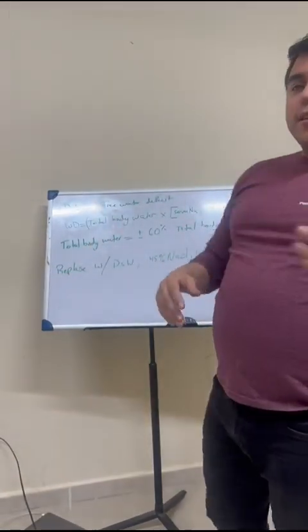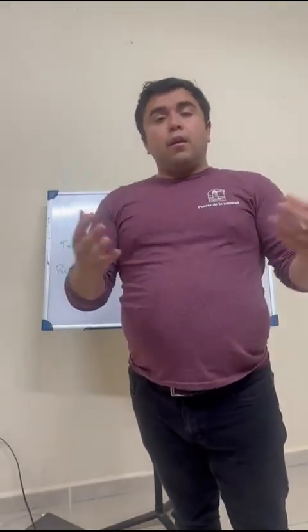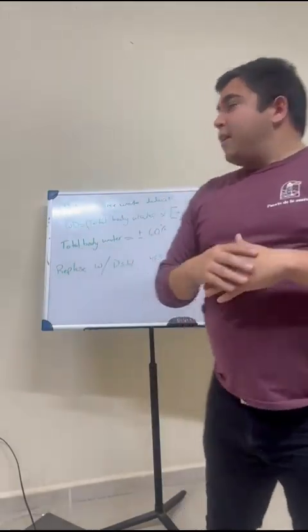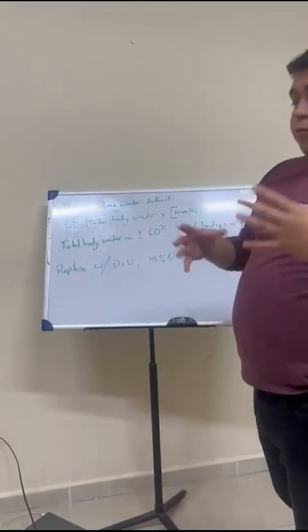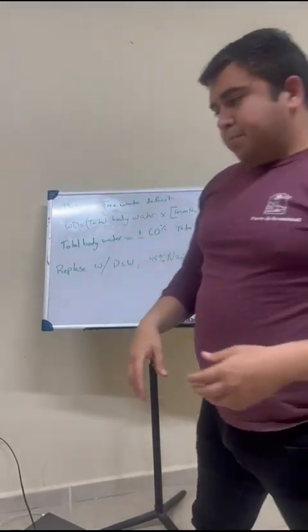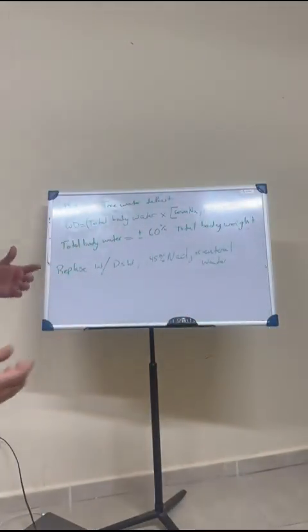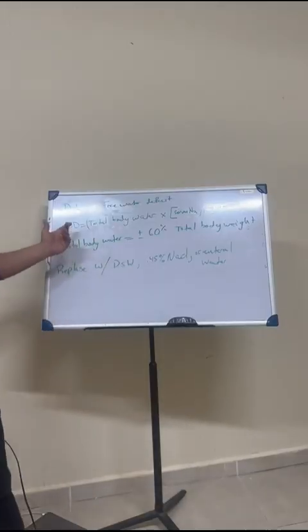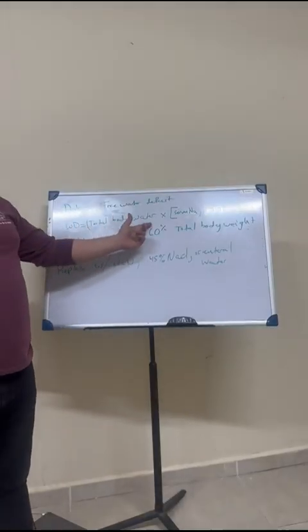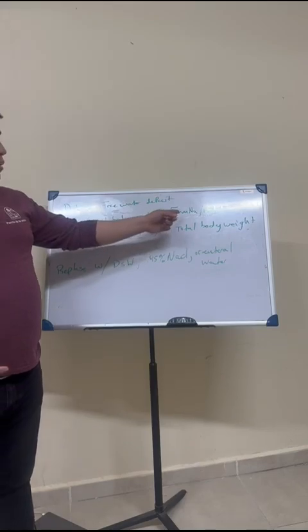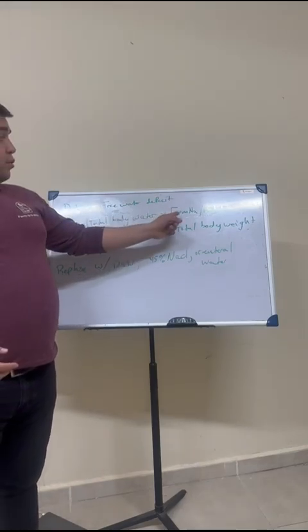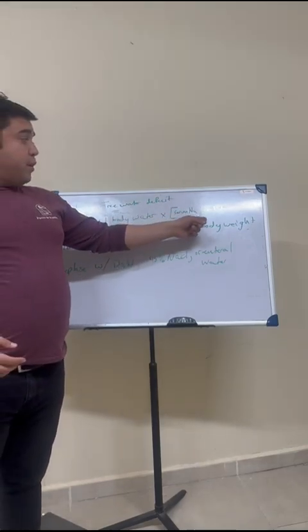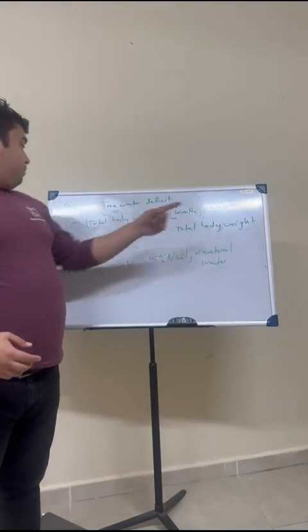Once you've assessed the volume status of the patient, the next step is to determine the free water deficit. And how do you determine the free water deficit? Water deficit is equal to total body water times the serum sodium divided by 140, minus 1.